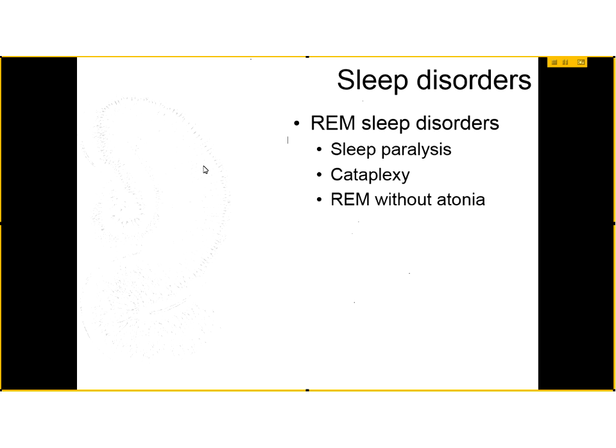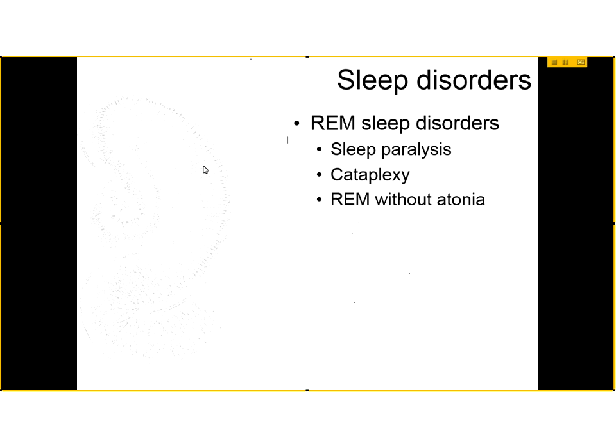And that's because the systems that are recruited to make you paralyzed during REM sleep are still just a little sluggish to turn off or to become inhibited. So that sleep paralysis is still in effect, and so you wake up, but you can't move. So it's a continued inhibition of these motor neurons that occur during REM sleep.